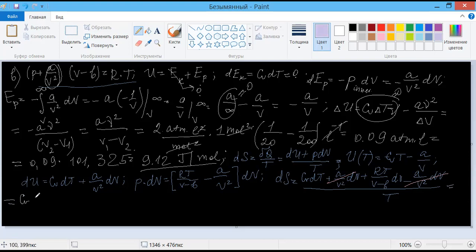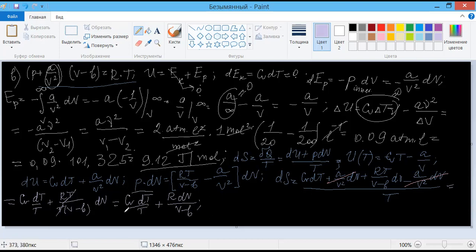CV times dT over T plus RT over T times V minus b times dV. Finally, we've got this one. But again, remember that the process, the expansion occurs at constant temperature.